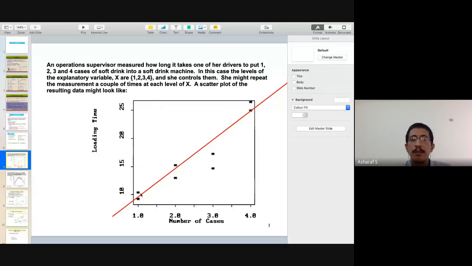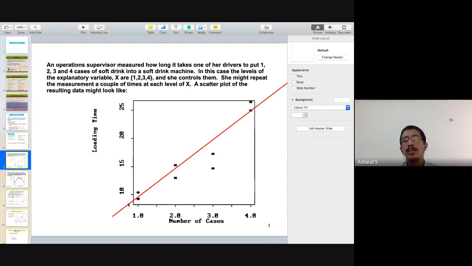So these are the points that she has plotted, right? How much time you typically take to load that into the machine, right? Number of cases versus the time needed to load them. A case is essentially a case of bottles, right? How much time it takes, and you can see that the line was not there.